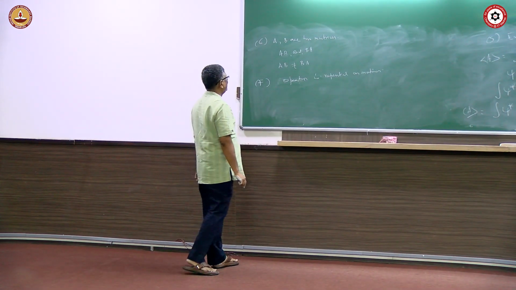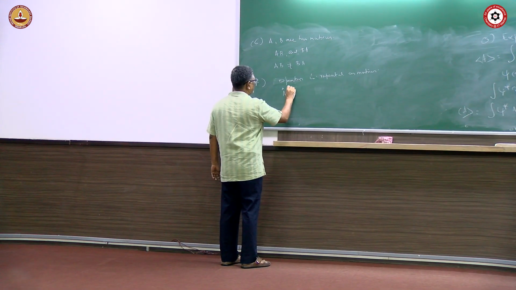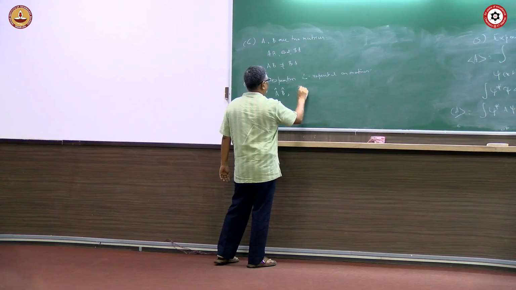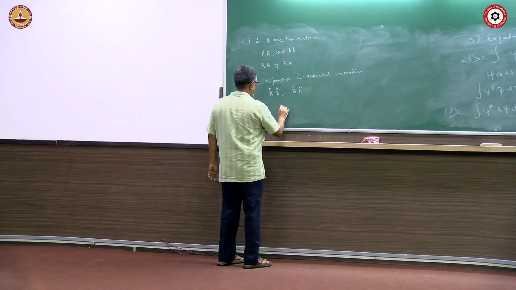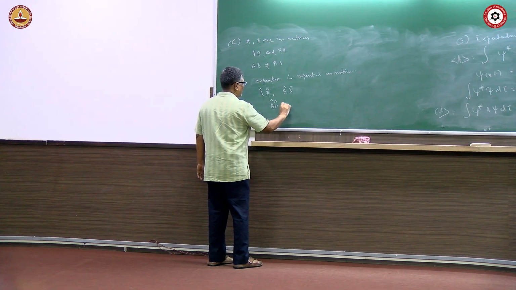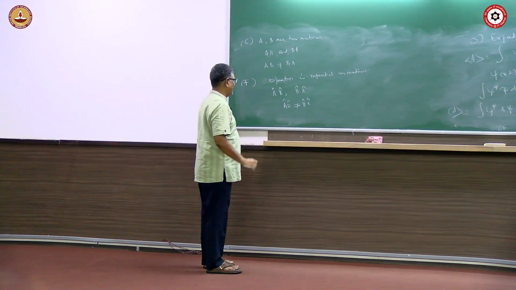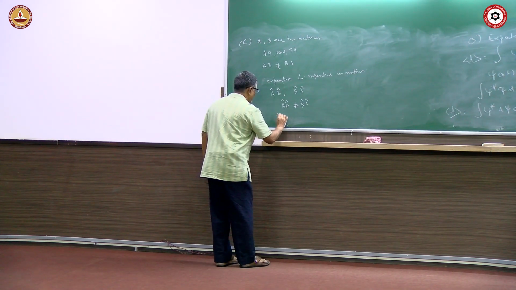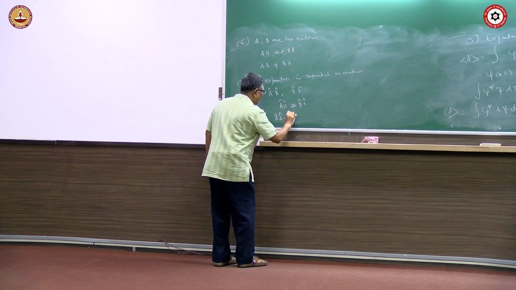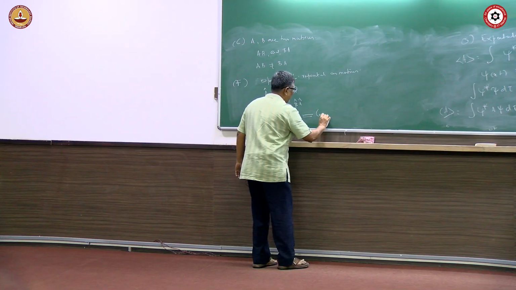Therefore, if I have two operators, A operator and B operator, the product A operator into B operator is not equal to B operator into A operator. This is not equal. Therefore, AB minus BA is called the commutator bracket.